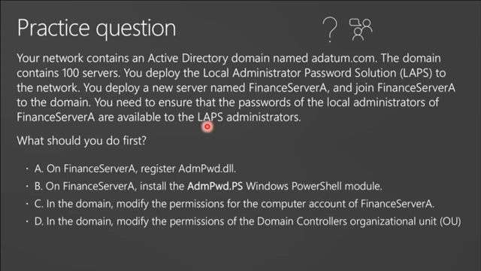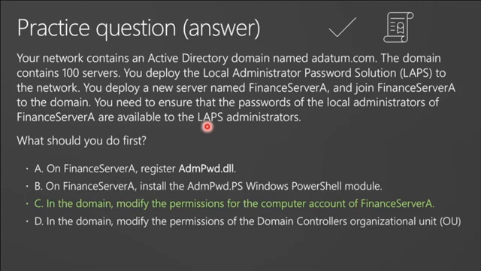Maybe I can help you because our time is very limited. So modify the permission for the computer account of Finance Server A. Why? Because you want to implement a random password on this machine, but this machine should have permission to write in Active Directory, because it's setting up a new password, and this password is stored in an additional attribute in Active Directory.